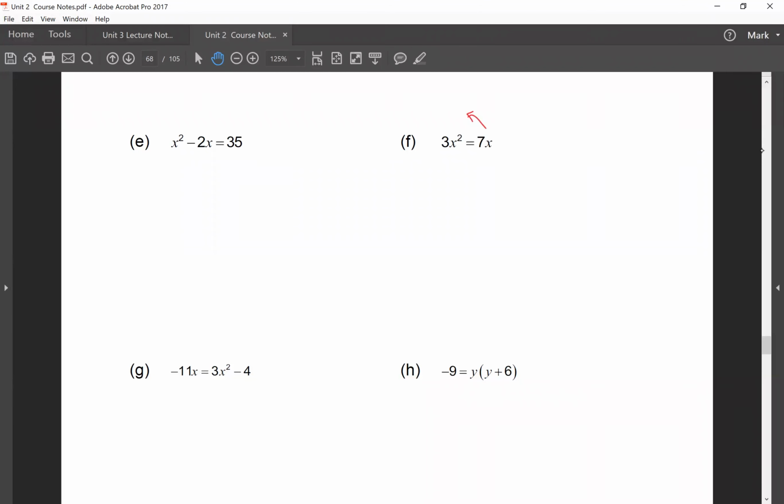Oh, and the other thing about F is I want to move the 7x over to the other side to make sure that this equals 0. So first I'm going to say 3x squared minus 7x equals 0. Then I'm going to factor out an x, so I get x outside of 3x minus 7 equals 0.